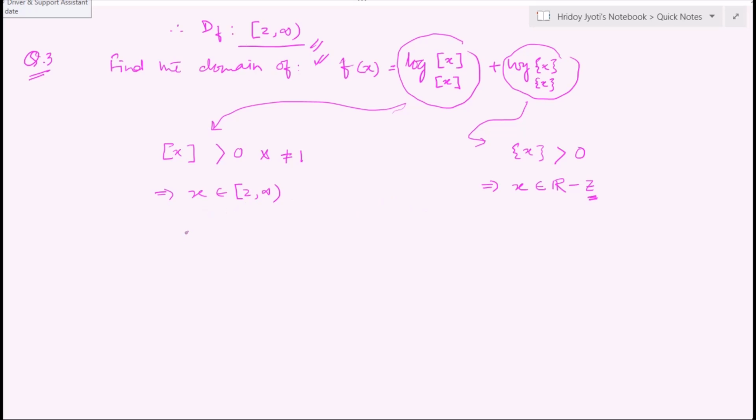So the domain of the function will be the intersection of these two, that is 2 to infinity, open interval.